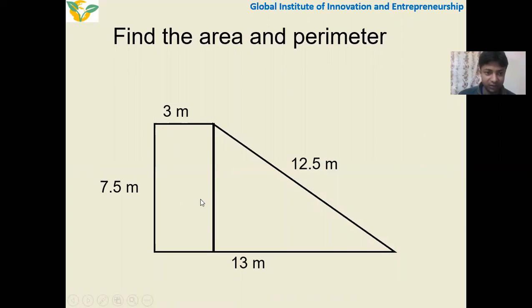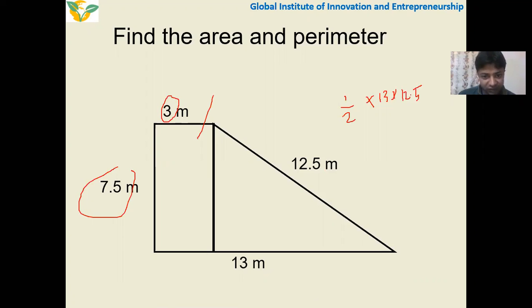Suppose you have to calculate the area and perimeter of this figure. This is a simple rectangle, so area will be 7.5 multiplied by 3. You will get the area of this rectangle. In order to calculate the area of this triangle, it is 1 by 2 into base, 13, into height, 12.5.